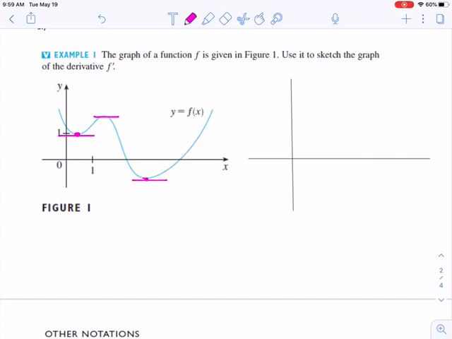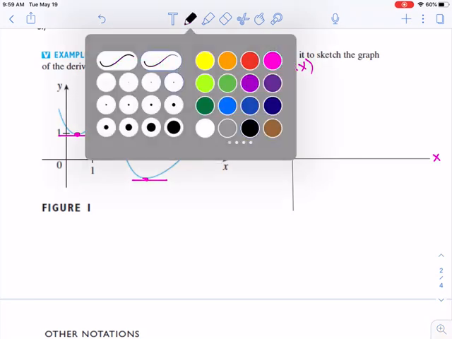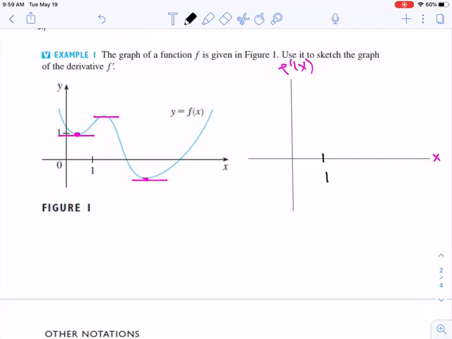So if I want to graph my f prime of x, here's my output, and I look at where my x values were. So I'm going to have an x coordinate of 1, 2, 3, 4.